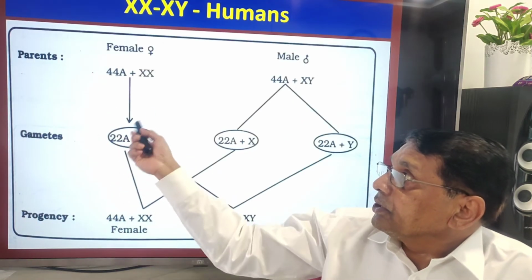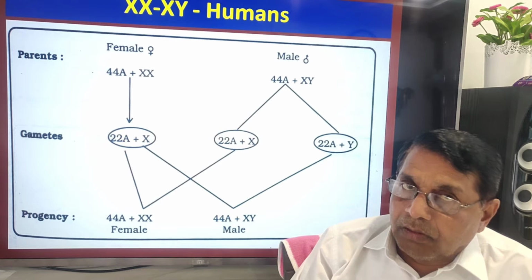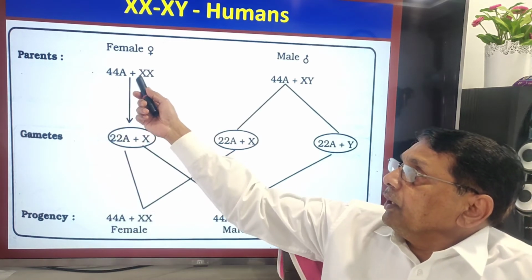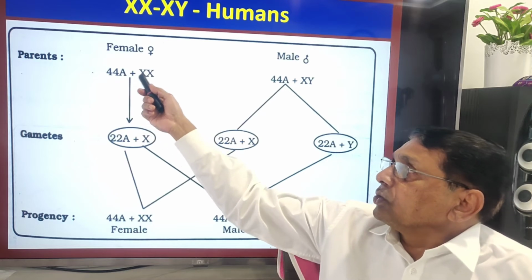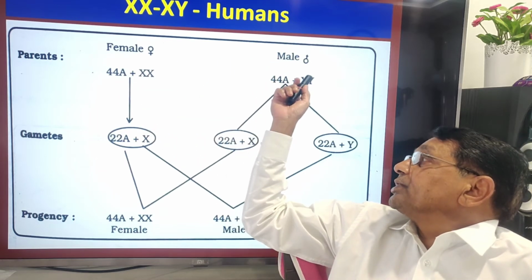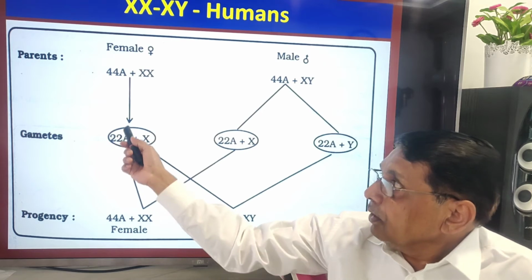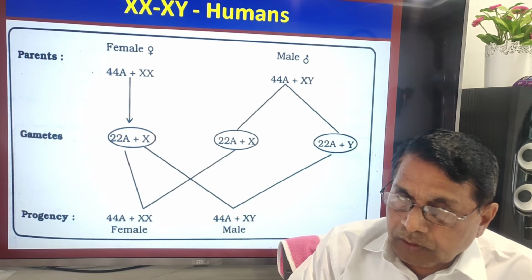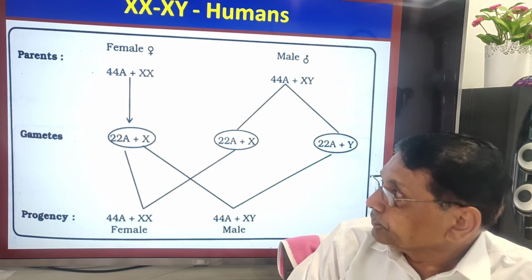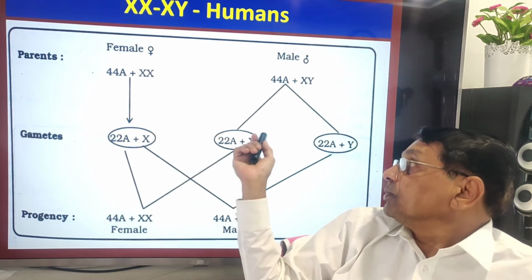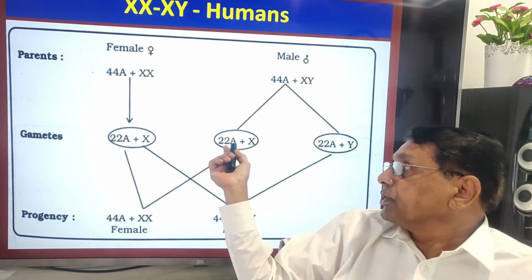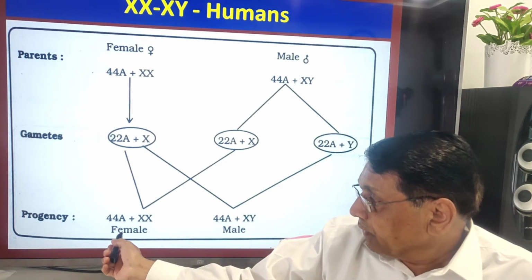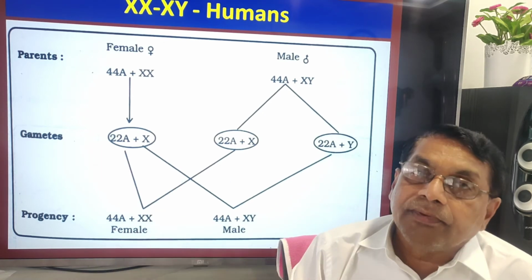This is represented chromosome-wise: 44A autosomes plus sex chromosomes XX is female. The male gametes bear 22 autosomes plus X, or 22 plus Y, 50% each. Progeny: female, male 50-50.